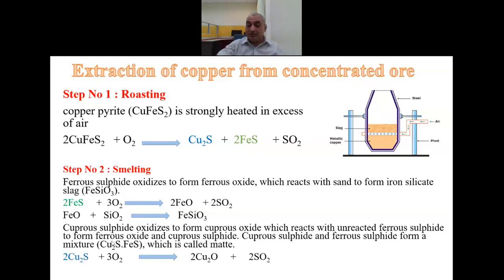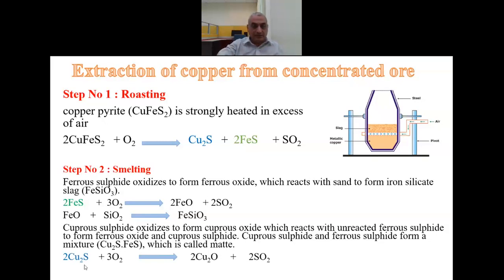You see here the lower oxidation state like this to form ferrous oxide and cuprous sulfide. Cuprous sulfide and ferrous sulfide form a mixture like this one. So it means by this way, we will remove iron sulfide from the ore particles.